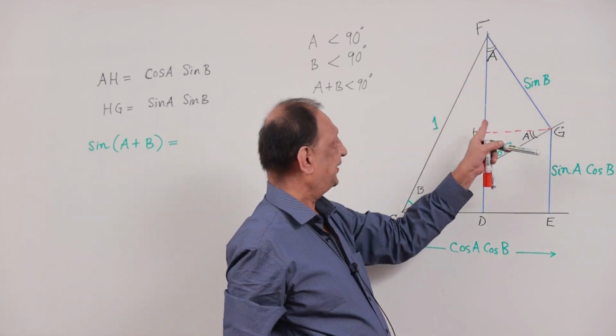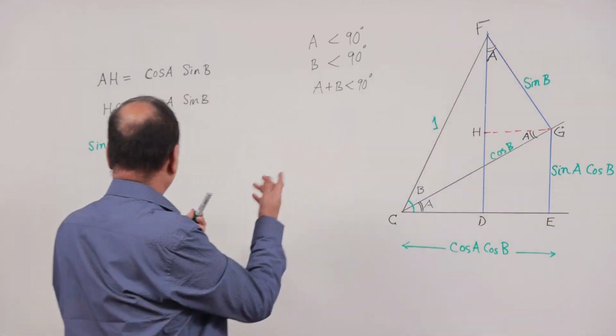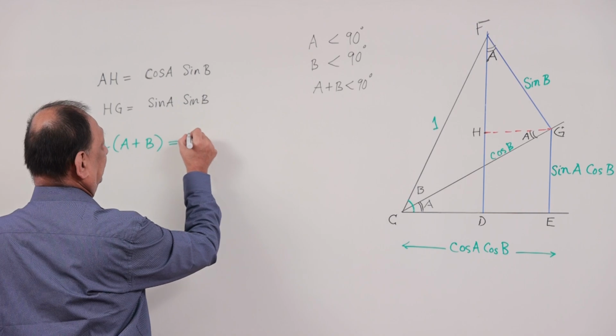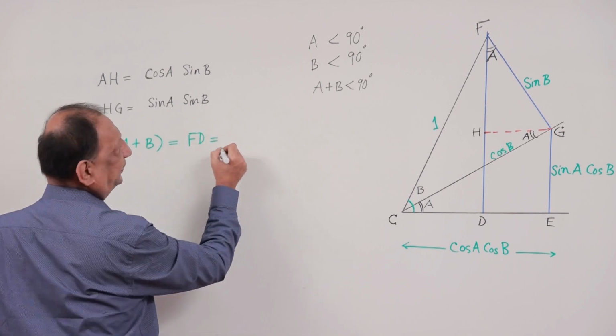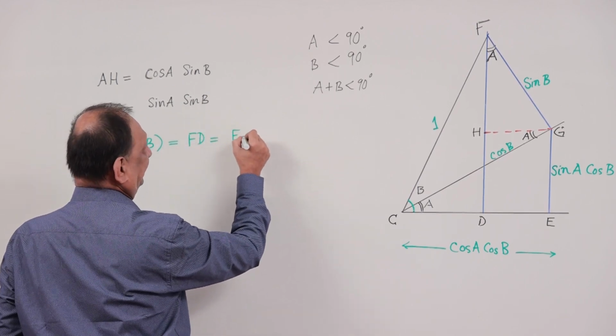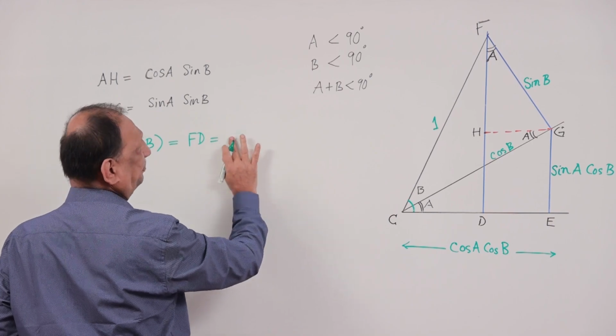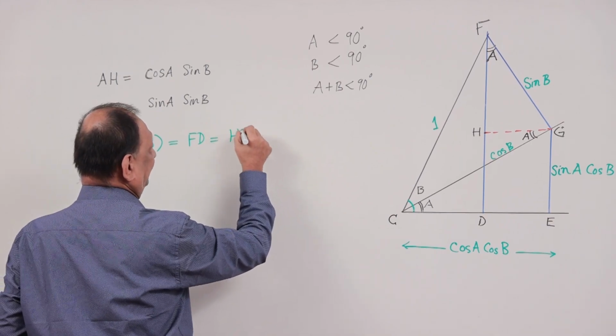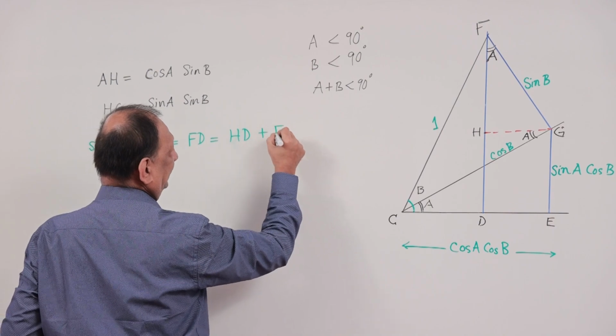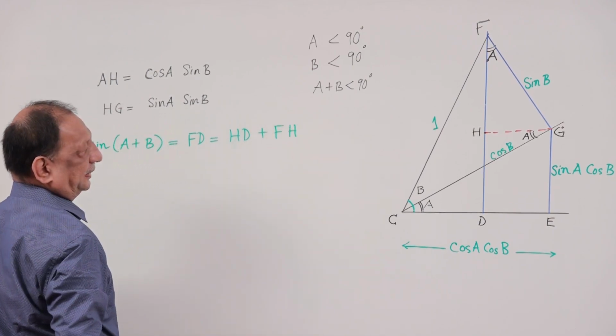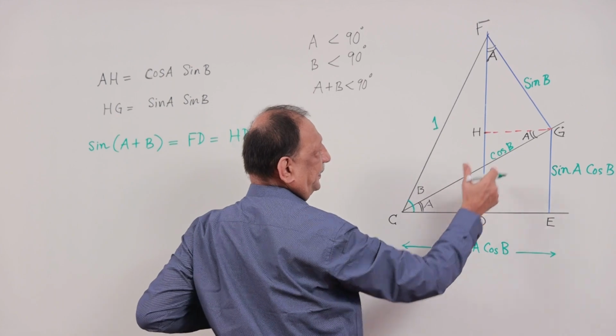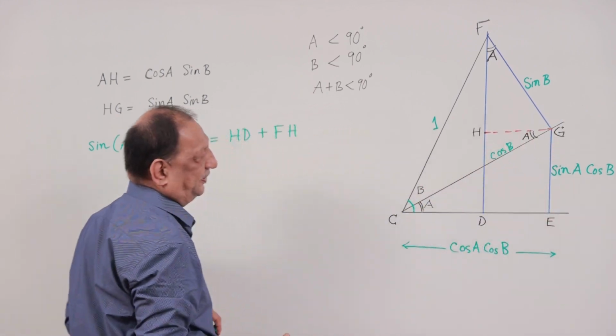And FD is FH plus HD. If you want, we'll write that expansion. So, is equal to FD, which is FH plus HD. I will write that as HD plus FH. And what is HD? It is the same as GE, no?